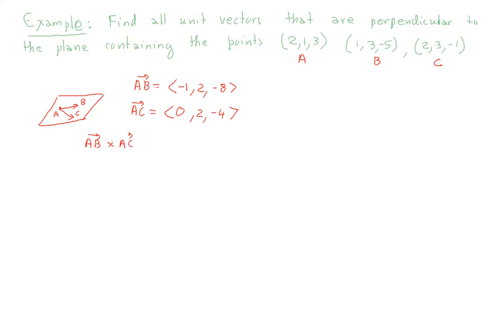There's a little trick that could make our life a little easier. Do I need to have 2 times -4? All I need is I could take half of AC to make my life easier. I could take the vector 0, 1, -2 and come up with slightly smaller numbers.